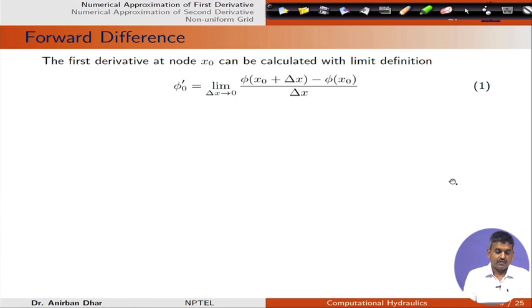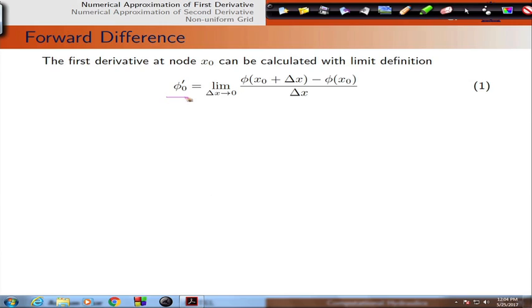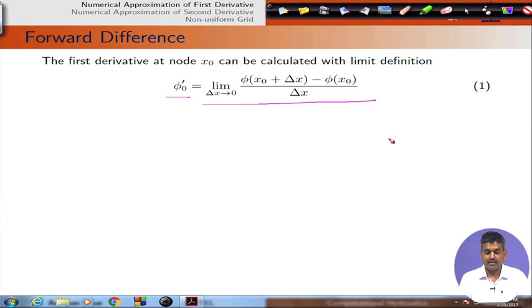Let us consider the forward difference. In forward difference, the first derivative at node x naught can be calculated with the limit definition. So, phi prime at x naught can be written as phi of x naught plus del x minus phi of x naught, divided by del x, when the limiting value of del x tends to 0, and this represents the first order derivative.